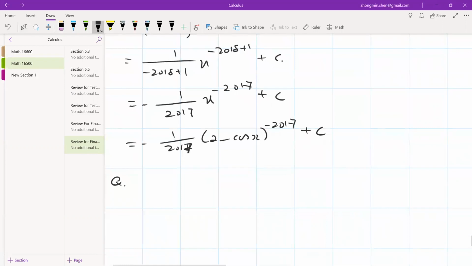The last problem I want to discuss today is from 0 to 2.